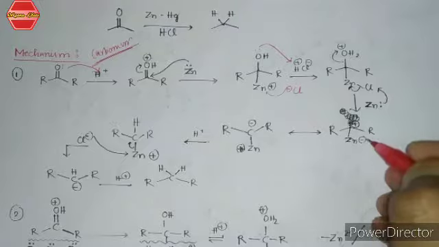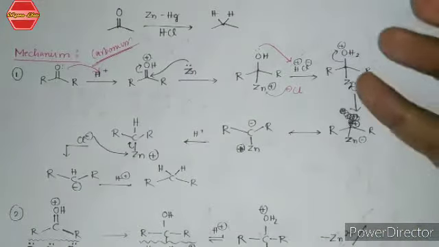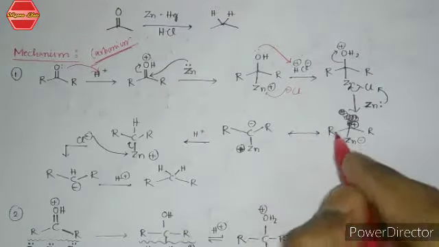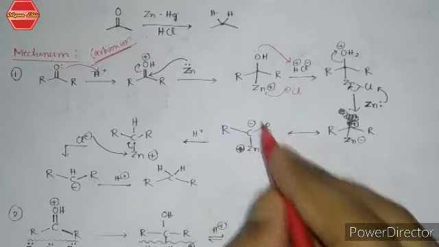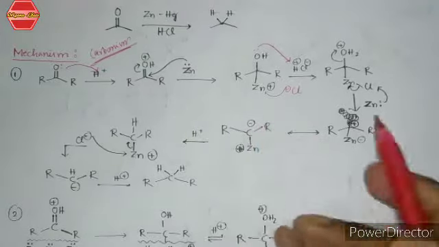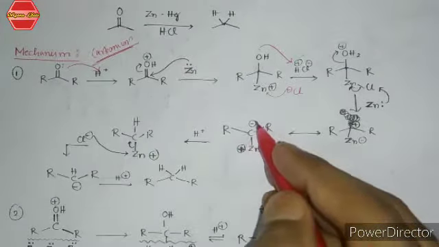Now zinc is negatively charged, and here is your positive charge, just because the water is removed from your system. Now there is a resonance structure possible, where carbon has a negative charge and zinc has a positive charge. And now this carbon, this is a kind of carbenoid-type species.